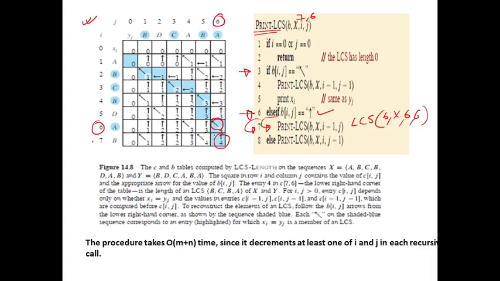So if you go to 6, 6, it will check whether B[6][6] is a diagonal arrow. If it is the case, then there is one recursive call, print LCS(B, X, 5, 5). So the diagonal arrow is actually guiding you properly; the upward and horizontal arrows are not able to guide. So you have to go to 5, 5.